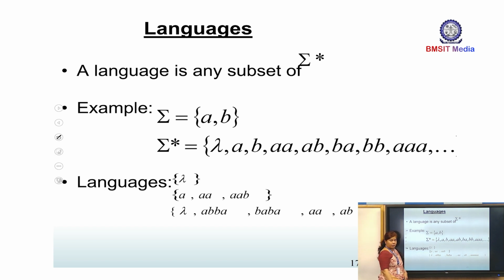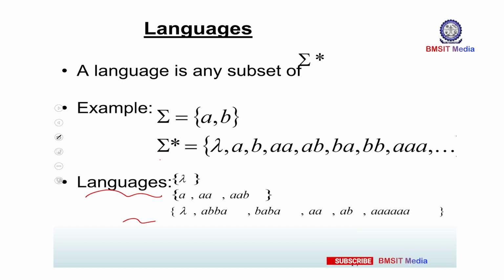All the subsets which can be formed from sigma star can be considered languages. So languages play a very important role in the entire concept of automata theory.